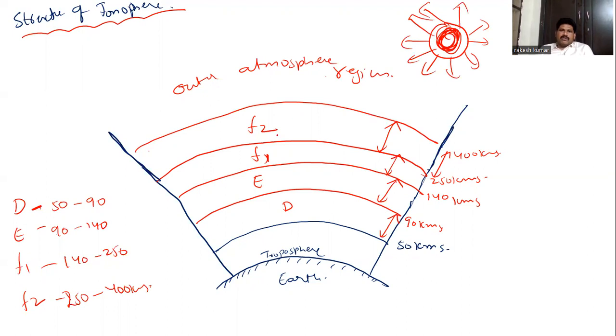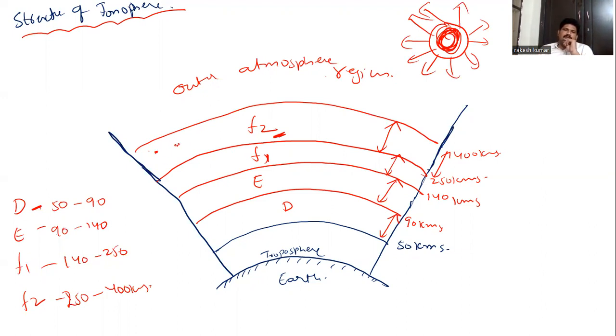No doubt, the F2 region will receive more heat or radiation. So due to this more heat, the rupture of bonds will take place, and a larger number of free electrons will be present in the F2 layer.